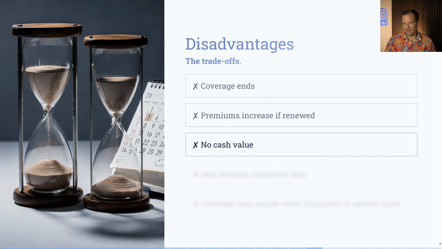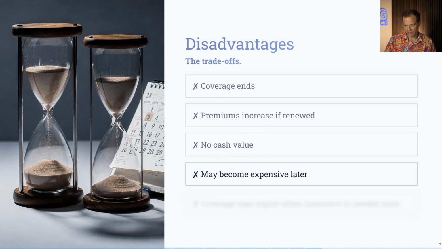Also, no cash value. So none of these term insurance plans have cash value. So if you're looking to have a tax-free retirement or use that kind of strategy, not good. It's just pure insurance. It may become expensive later. Again, if there is an increasing term involved and you plan to keep it longer than the term, yeah, it might go up.